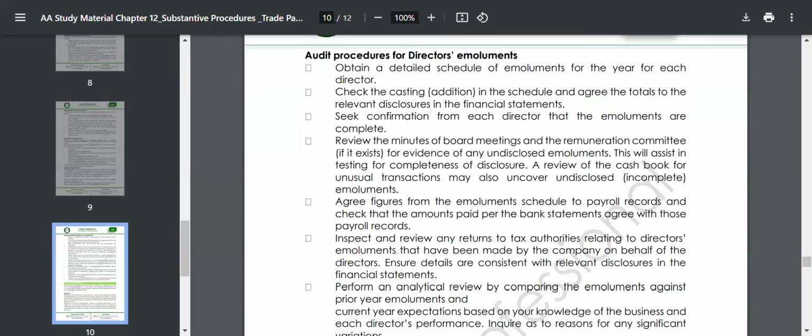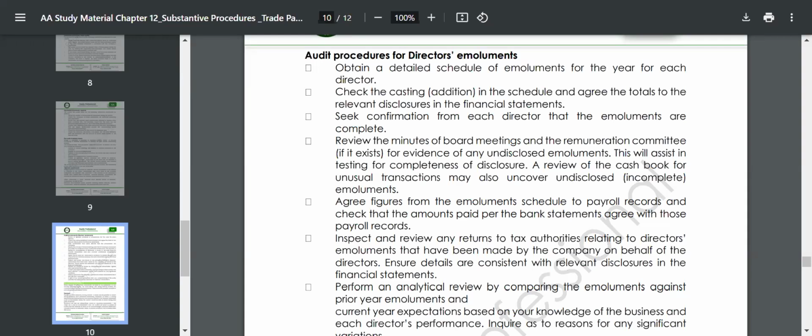And the first thing the auditor will need to do, just like you do for all the others, is obtain a list or schedule. For instance, if you are carrying out a procedure for share capital, you obtain a schedule. If you are carrying out a substantive procedure for reserves, you want to see all the movement in the reserve.